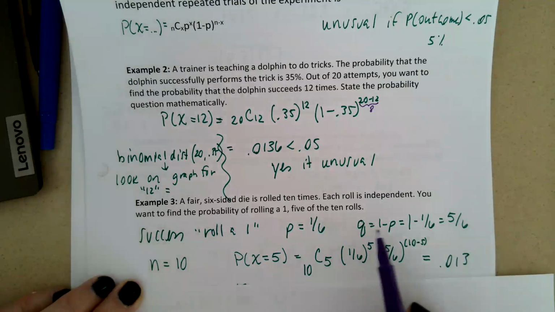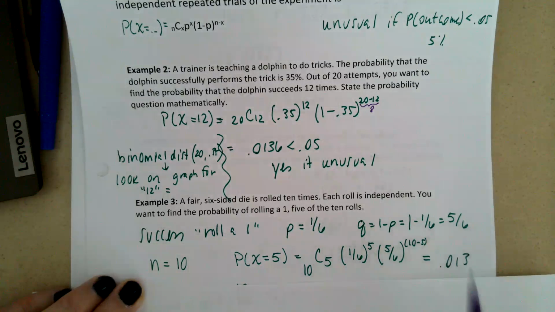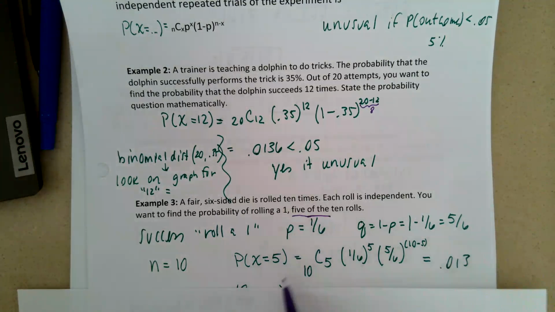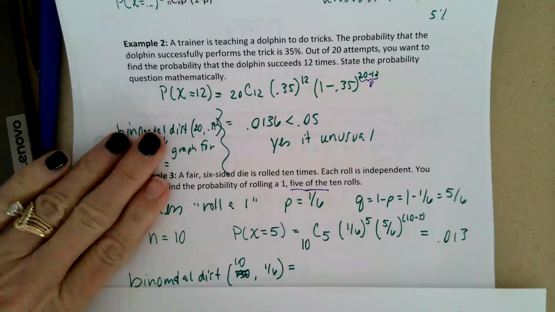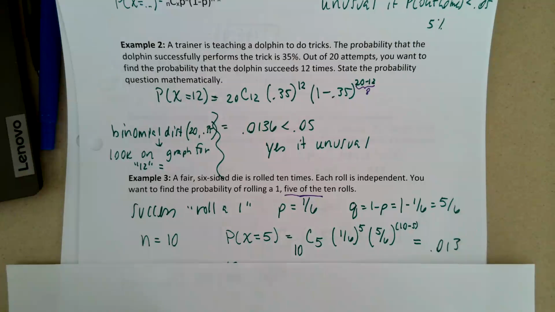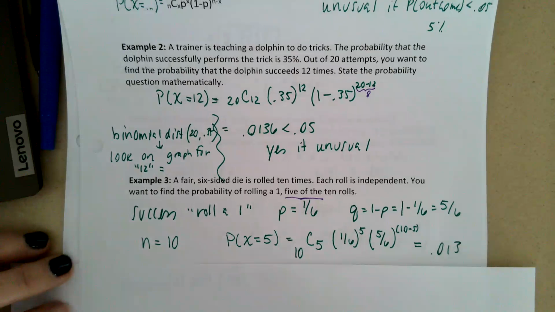That means Q, or the probability of failure, is 1 minus P, or 1 minus 1/6, or 5/6. So the probability of getting 5 of the 10 rolls, so probability of x equal to 5, is similar to example 2: 10 choosing 5, 1/6 to the 5th, 5/6 to the 10 minus 5, and that comes out to be 0.013. Again, you can see this in Desmos.